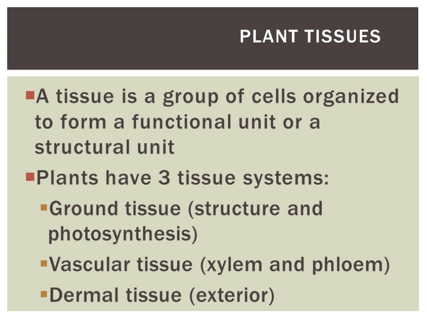The xylem is what delivers the water primarily, and the phloem is what delivers the food primarily. And then the dermal tissue, dermal kind of refers to skin, so this is the outer tissue of the plant, and that's called dermal tissue.